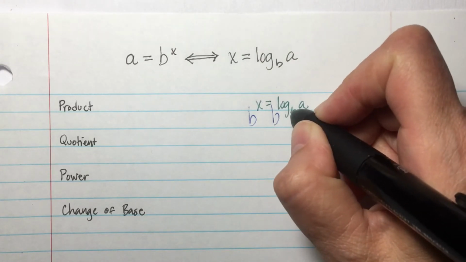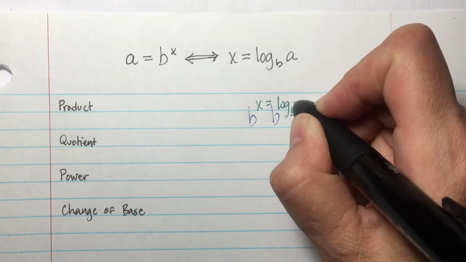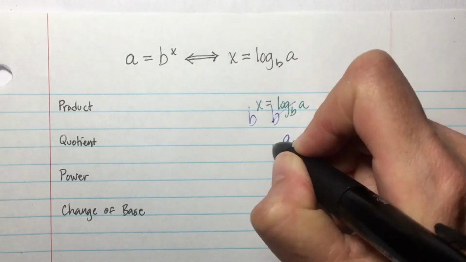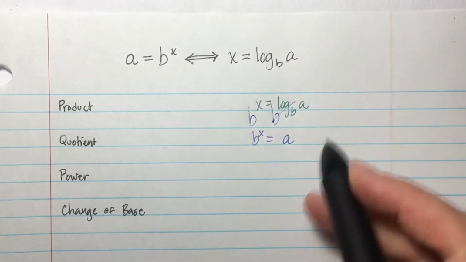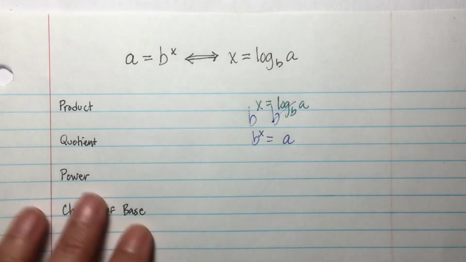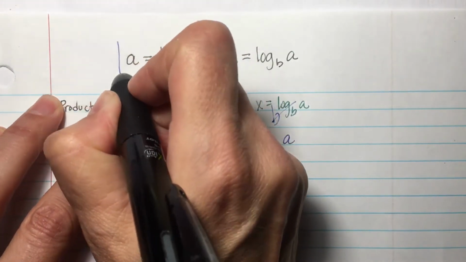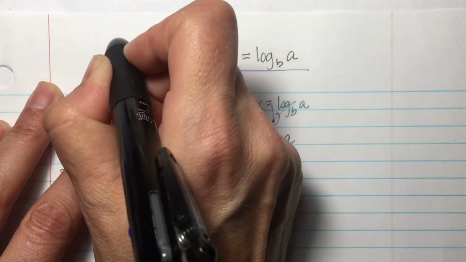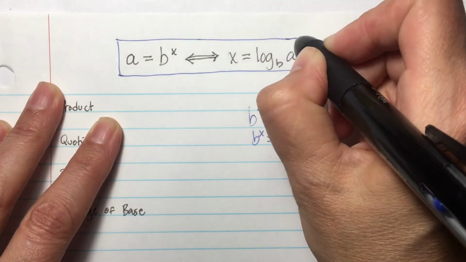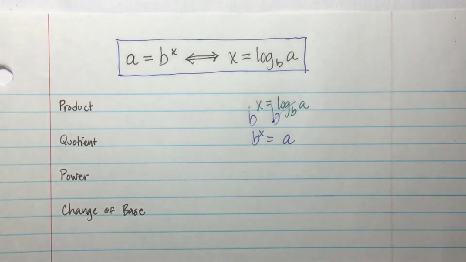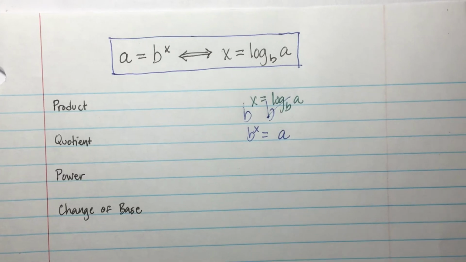They undo each other just like squaring undoes a square root. So that goes to x by itself, and we have a equals b to the x. Oh, look, that's the thing we had before. So this is our definition of a logarithm right here, which I know is probably the most useless definition ever made. Whatever.